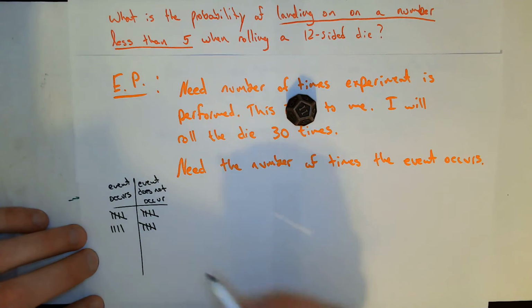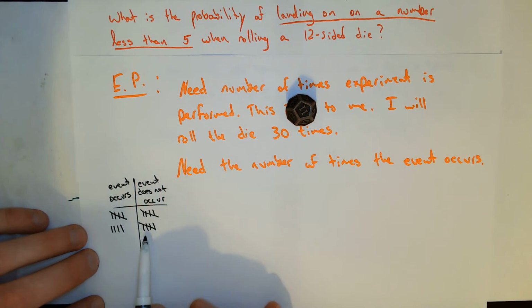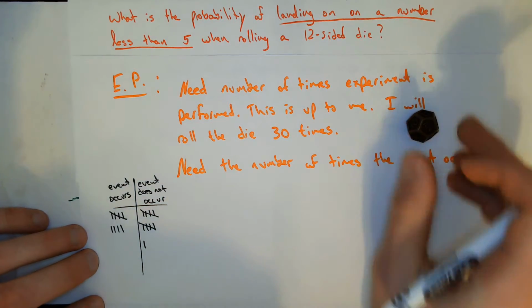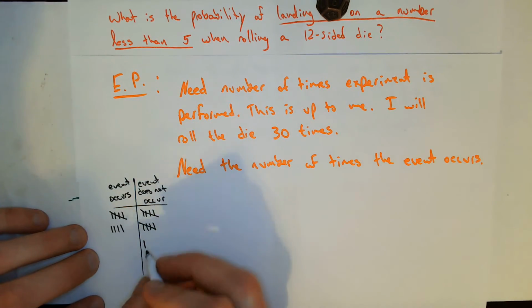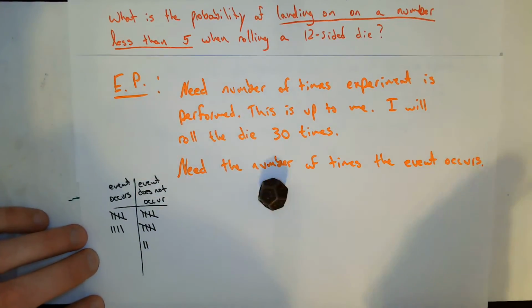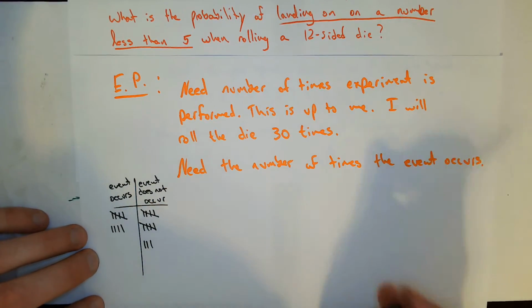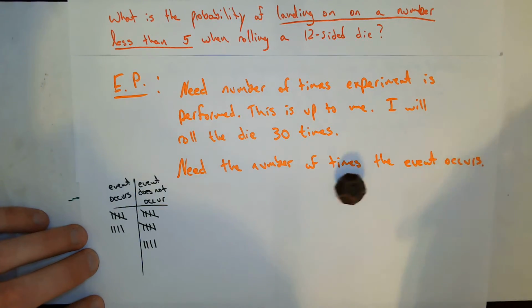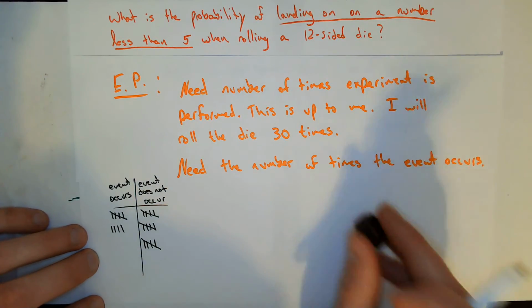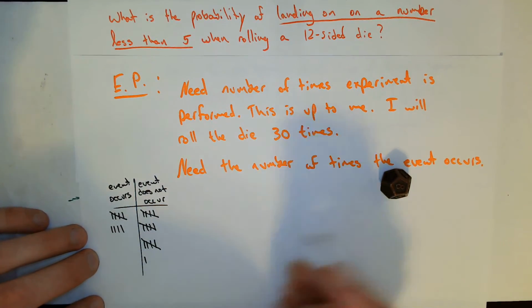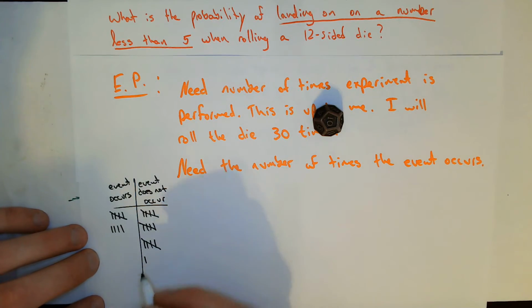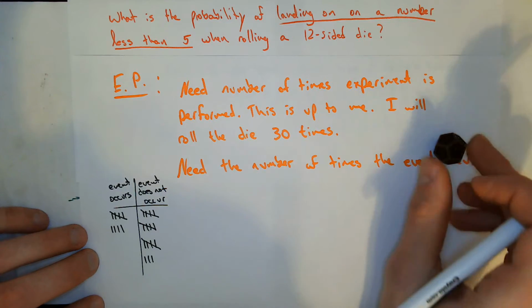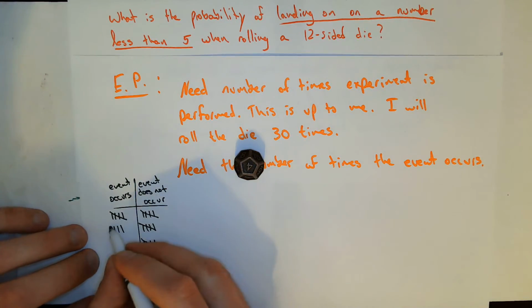Hang on, I'm losing track of how many I've done. That's 5, 10, 15. Okay. This is 20, 21, 22, 23, 24, 25, 26, 28, 29.